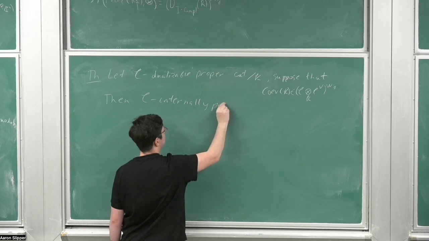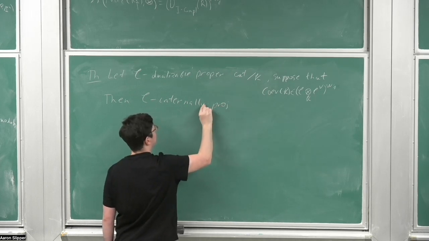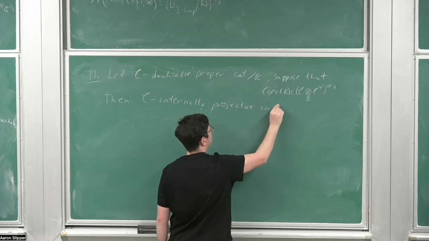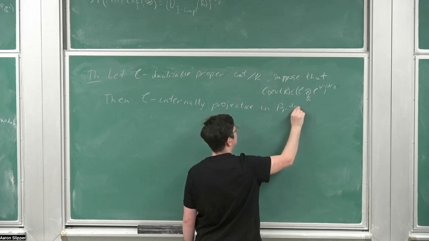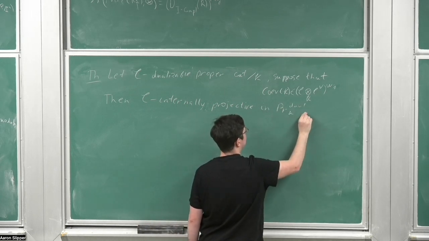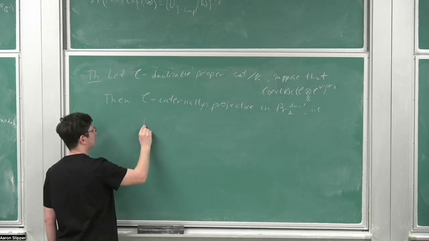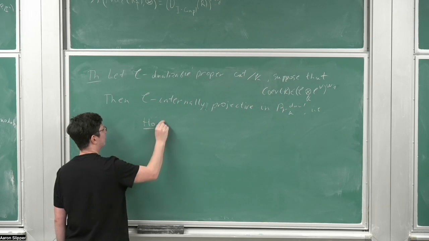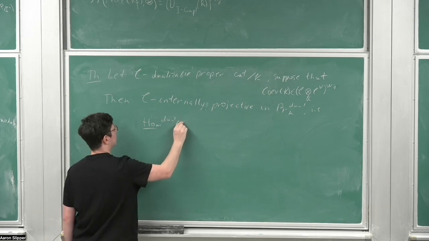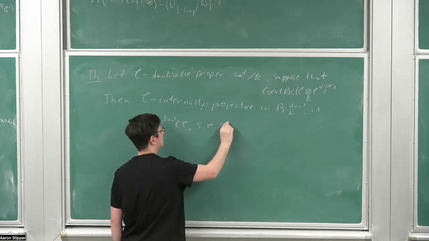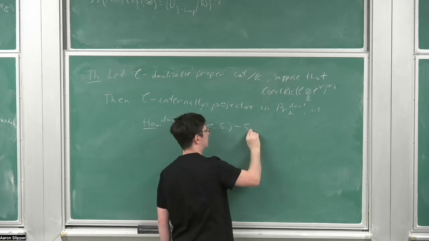Internally projective in dualizable categories over the base. So it just means very nice things. So a dualizable internal functor from C takes a short exact sequence to again a short exact sequence.